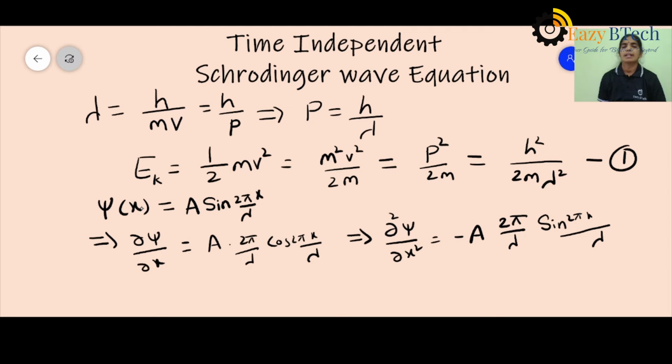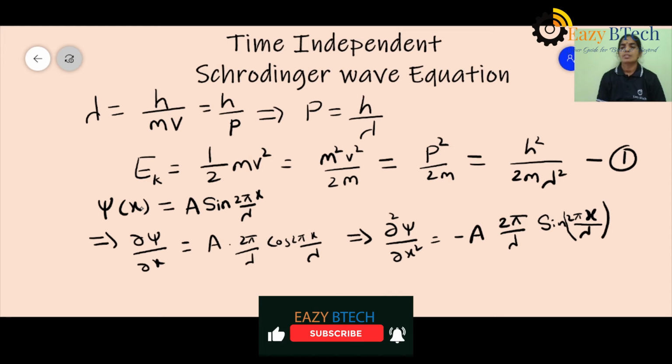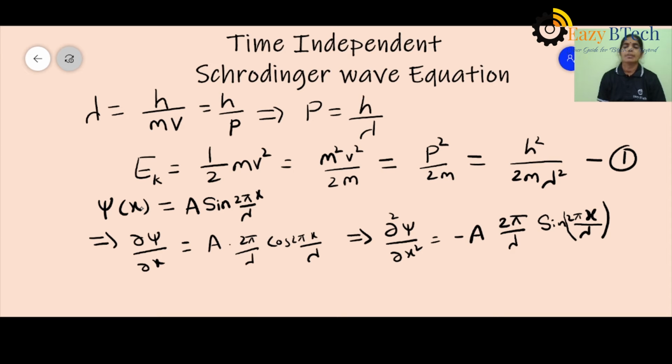Here, this by lambda is only for 2 pi x, not for the complete term. So I'm writing this once again: it is 2 pi x by lambda, not sine also. It is only 2 pi x by lambda.